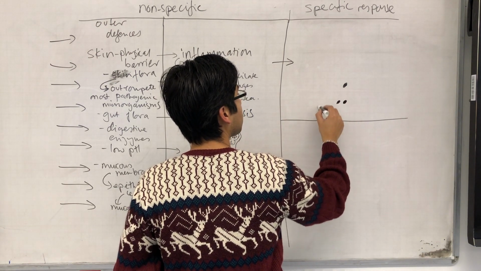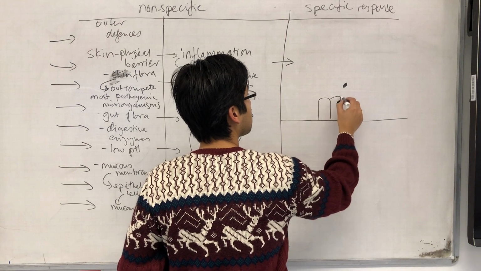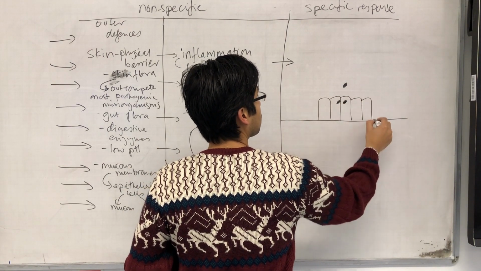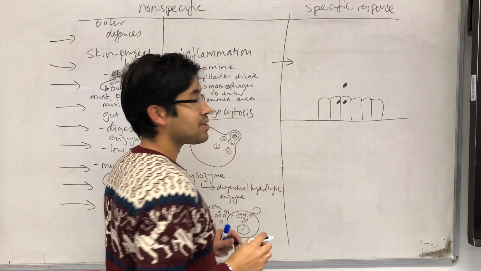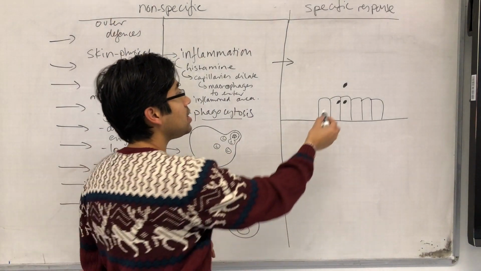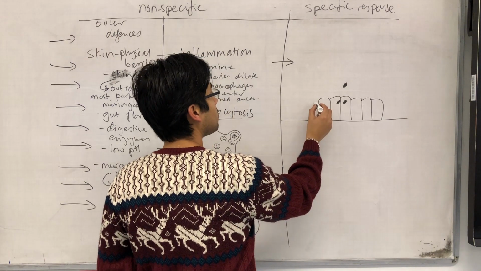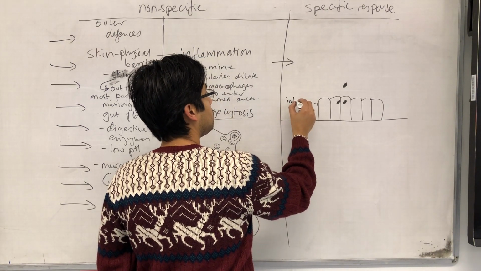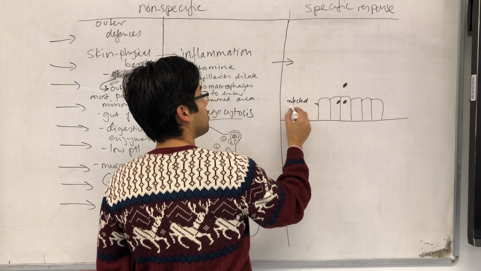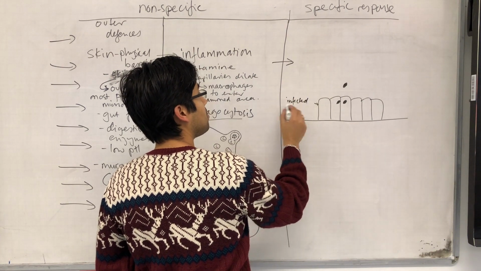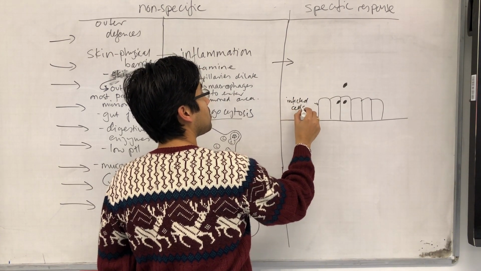So if you have a group of cells, the first place that the pathogen can be causing infection is obviously inside the cells, okay? So the specific immune response must be able to deal with infected cells.